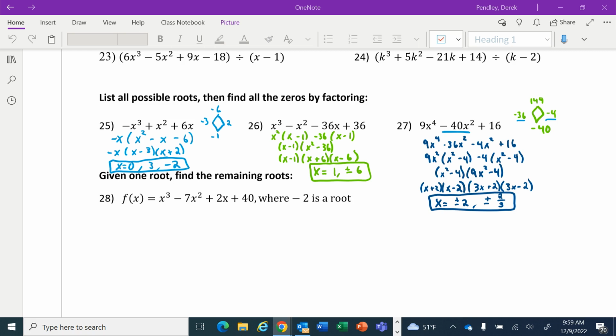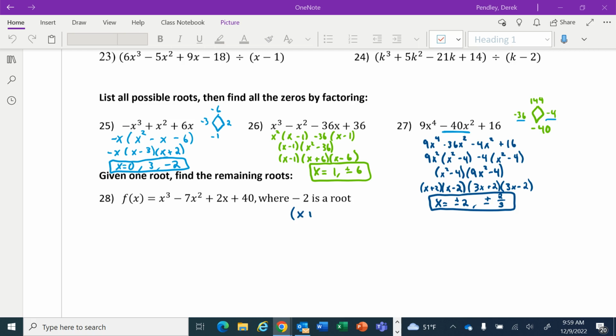All right. So if we look at this number 28, given one root, find the remaining roots. What does a root mean? That means that it is a 0 of this graph, which means it has a factor. So x plus 2 is the factor where negative 2 is the root.